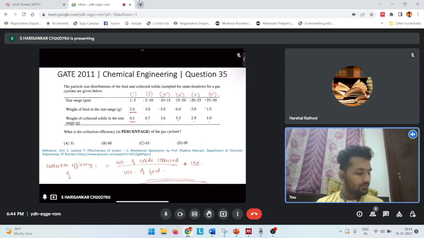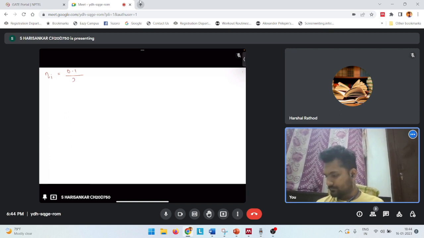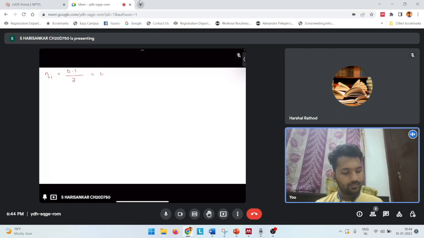So the collection efficiency in the size range 1 will be eta 1, which is the weight of the collected particles, 0.1, by the weight of the feed, which is 2. And this will be equal to 0.05.